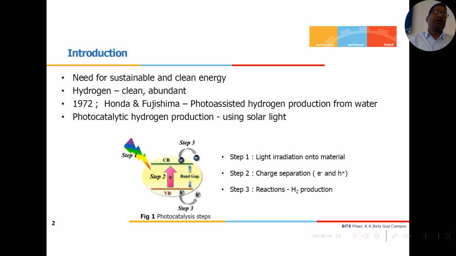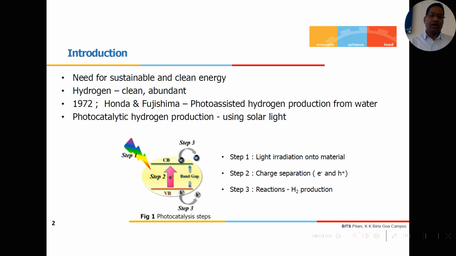The first one is the source of energy, which we assume is sunlight. The energy in the form of photons, which comes from the sunlight, falls onto the photocatalytic material. When it absorbs the photon, or energy, the electrons jump from the valence band to the conduction band.